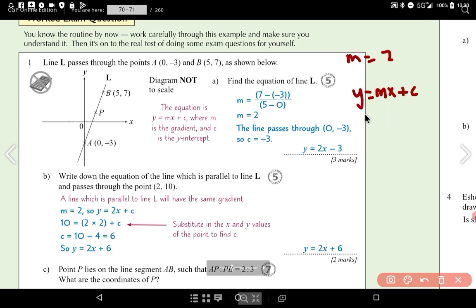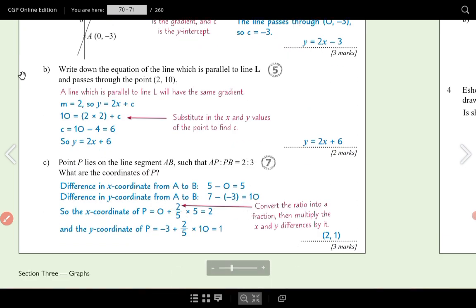So you know your gradient is 2, so you can already write it like this: 2x. Now finding c here, since you're using this point, you know your y is this, so you can just say minus 3, but it's the same thing that we had found at first. Okay, so I'm sure this is clear.